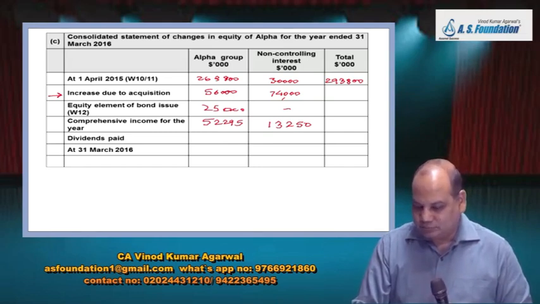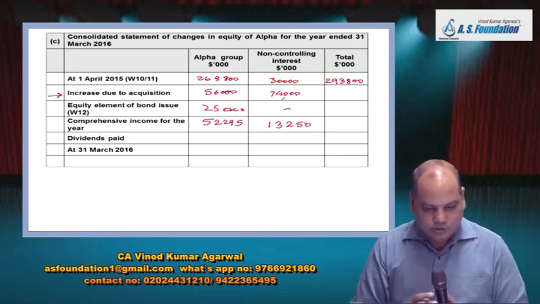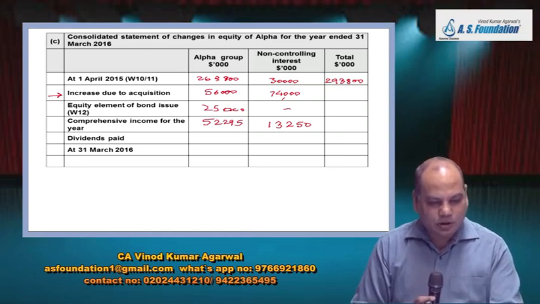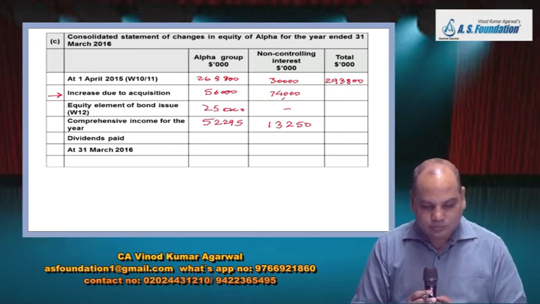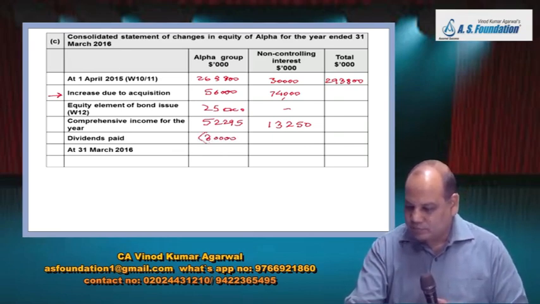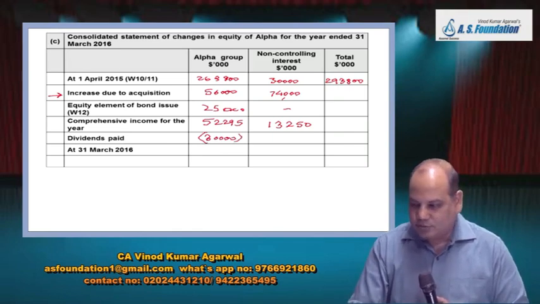Dividend paid. Dividend paid by Alpha. How much is dividend paid by Alpha? No, dividend paid by only Alpha. 30,000. This you will find in SOCIE. Reduce.